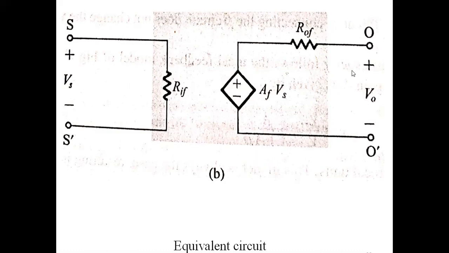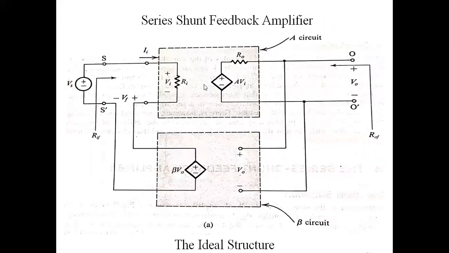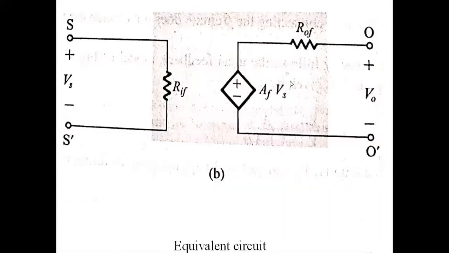The relation between RIF and ROF can be established by considering this figure. RIF is the feedback resistance of the input seen from this point. The point of seeing is also important here, and the output resistance is calculated at this point.